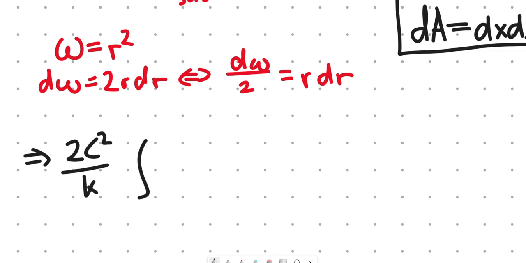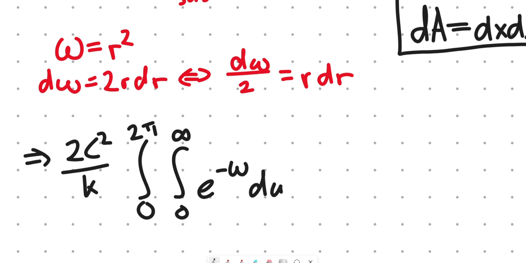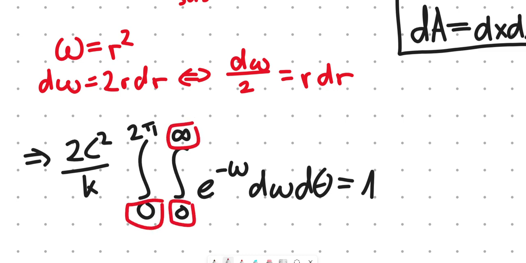The integral from 0 to 2 pi, the integral from 0 to infinity of e to the negative omega d theta equaling 1. Now the reason why I put the lower and the upper boundaries is as follows.